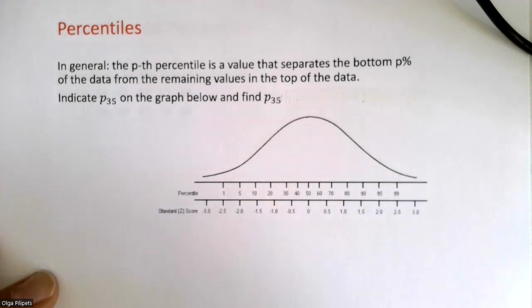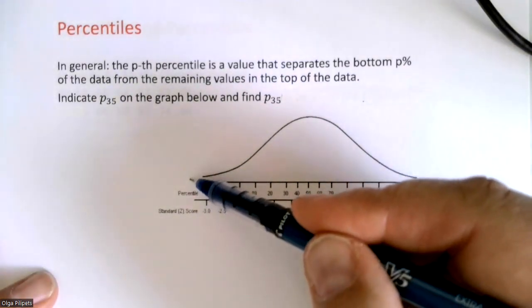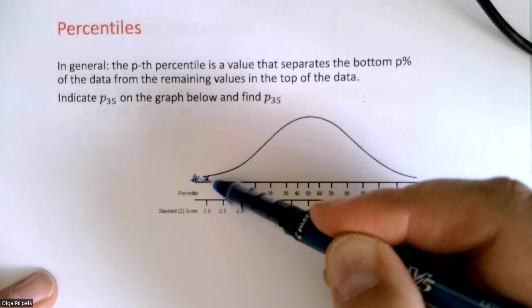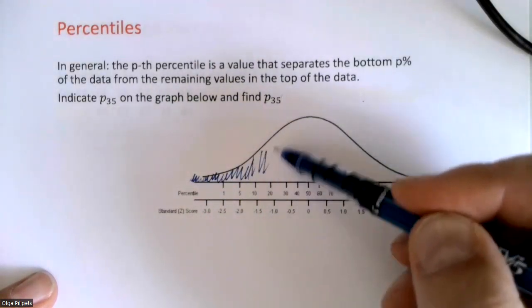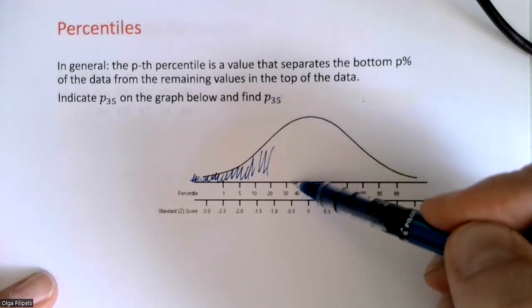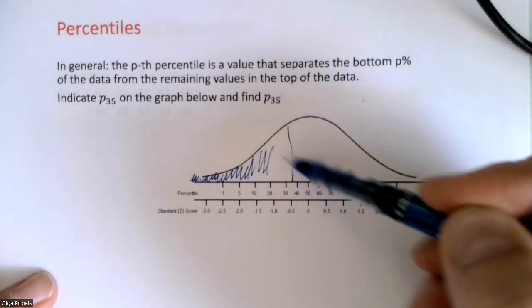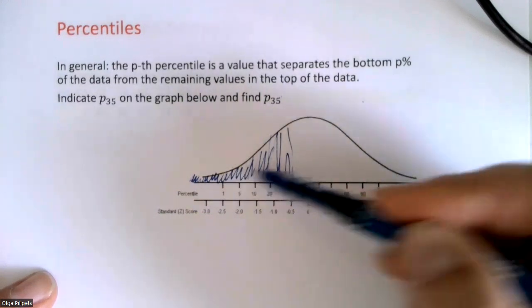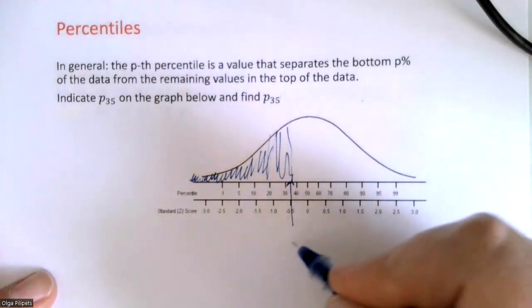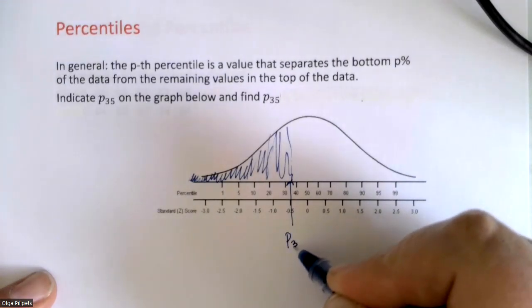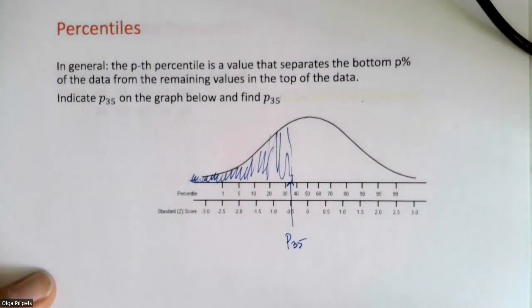So if it's 35% on the bottom, that means that we're going to start from the left and we're going to shade until we reach 35%. So 35% is right here. So this value that would be here would be our 35th percentile.